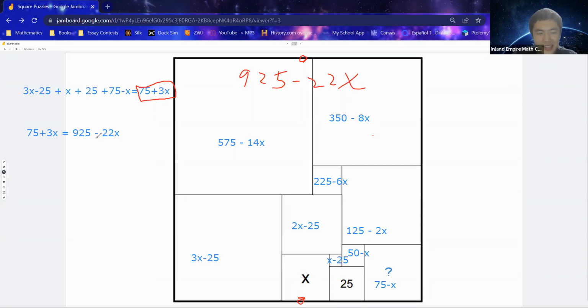Does anyone want to try to solve this equation? Do you want to try solving this equation?